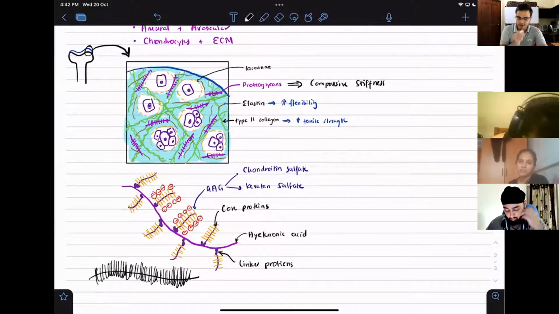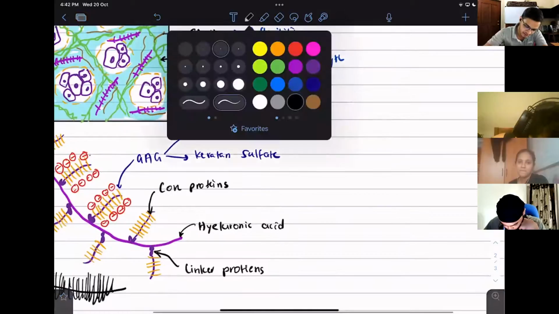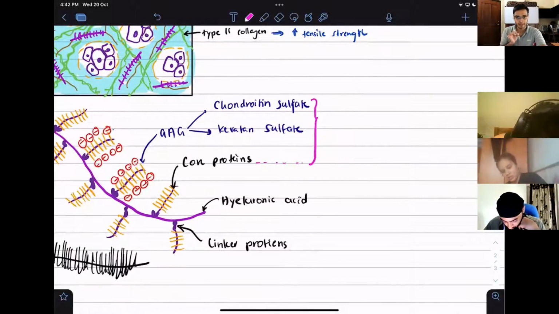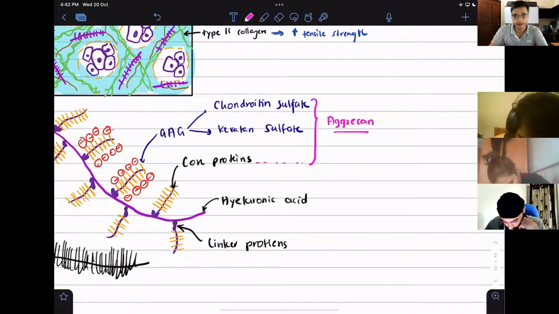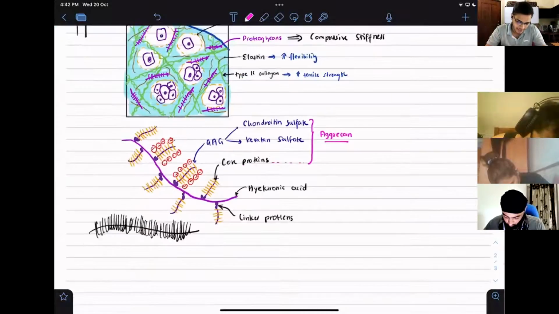Now, just before we move on from this, guys, this core protein with the glycosaminoglycans, these two structures together, are given a special name. It is called aggrecan. These are called aggrecan molecules.